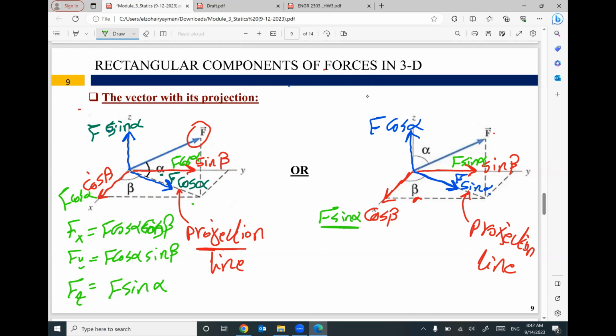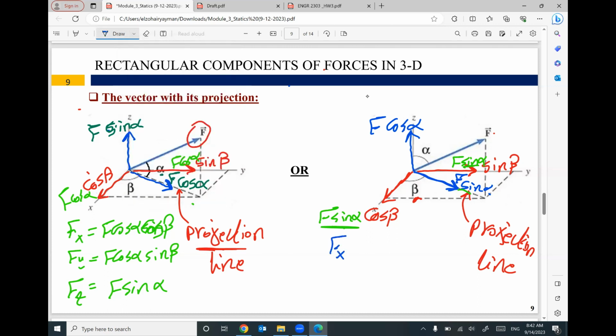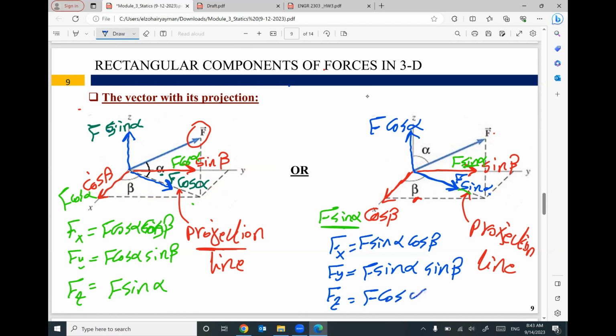This is the value that we are breaking into X and Y components. By the end, we have three components, Fx, Fy, and Fz. The X component will be F sine alpha cosine beta. The second one will be F sine alpha sine beta. The third one will be F cosine alpha.